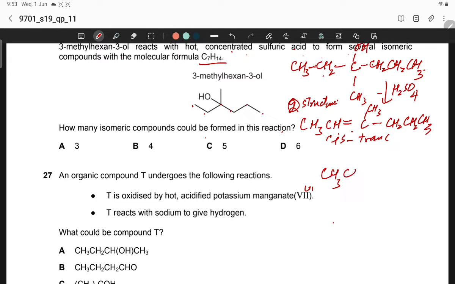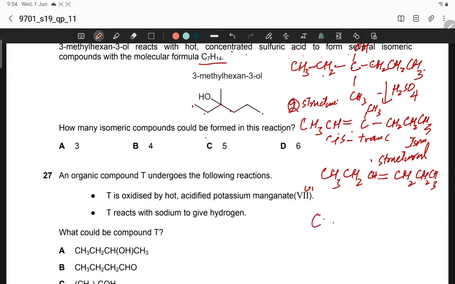CH3 CH2 C double bond CH2 CH2 CH3. This is a structural isomer, and another structural isomer.